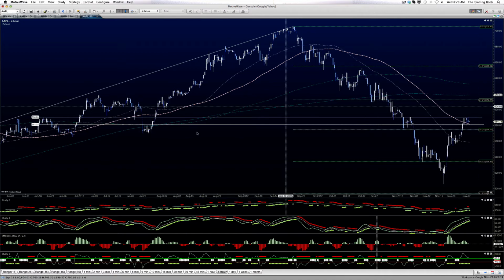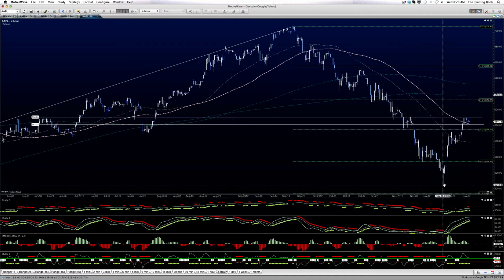Folks, I know you're used to Apple just running like the wind, but I've got to tell you something. In this particular formation for Apple, you've got to be extremely careful to not sit back and go, yep, it's recovering, I'm all right.